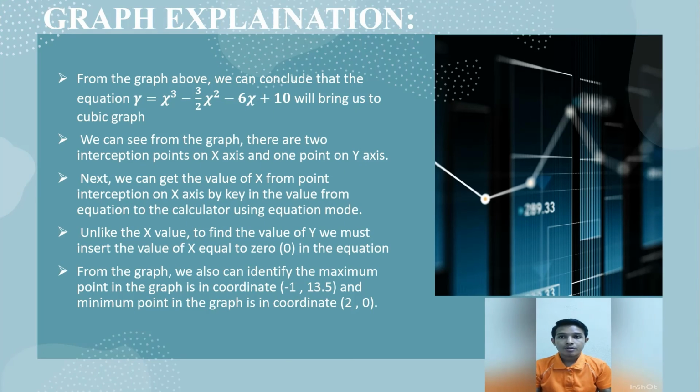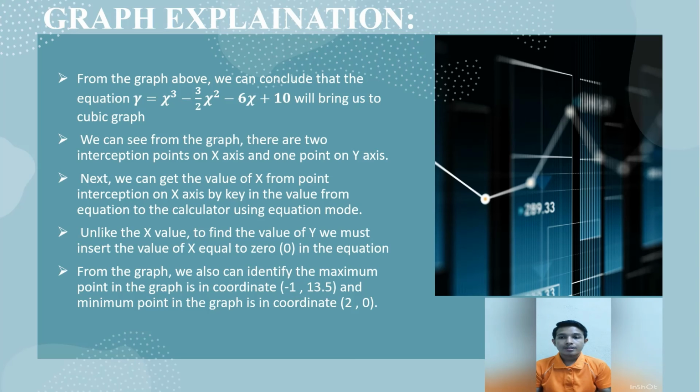Okay, this slide is about the graph explanation. From the graph above, we can conclude that the equation y equals x cubed minus 3 over 2 x squared minus 6x plus 10 gives us a cubic graph. Next, we can see from the graph there are two intersection points on the x-axis and one point on the y-axis. We can get the values of x from the intersection points on the x-axis by keying the equation into the calculator using equation mode.